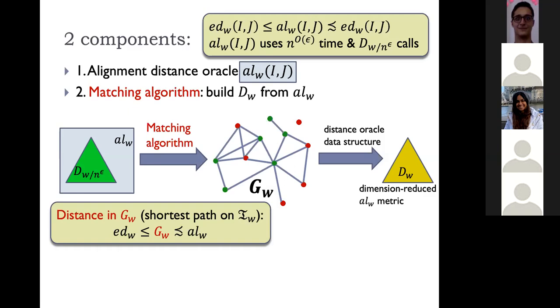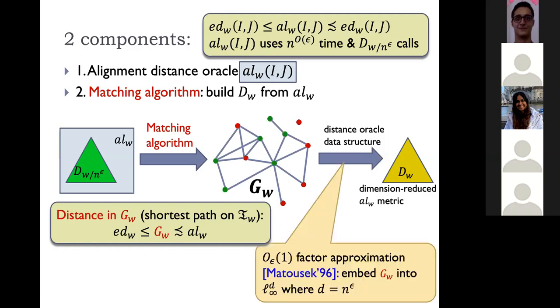Because remember, later on we'll again be using metricity and triangle inequalities. We don't want to lose that, and things like, for example, Thorup-Zwick, as far as I know, won't have an output which is guaranteed to be a metric. So it's something which is even more classic. Namely, it turns out that for us it will be enough to implement Matoušek's embedding into L infinity.